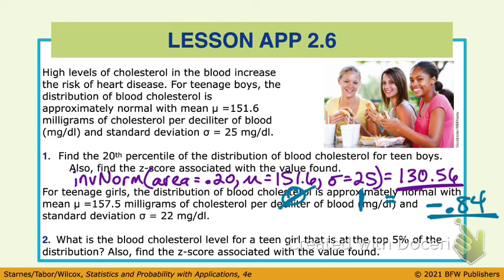Teenage girls have a mean of 157.5 and a standard deviation of 22. What is the top 5% cholesterol level for a teen girl? What are you guys going to plug in to inverse norm?